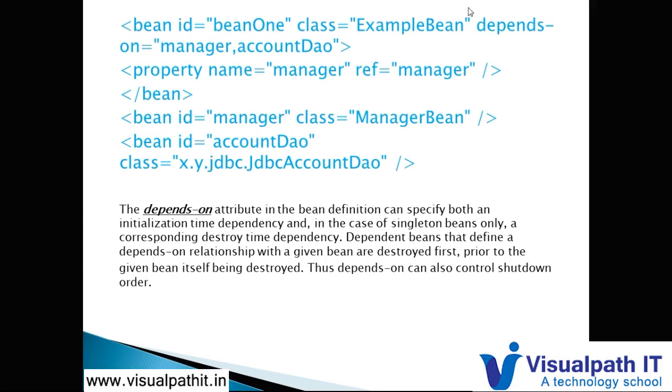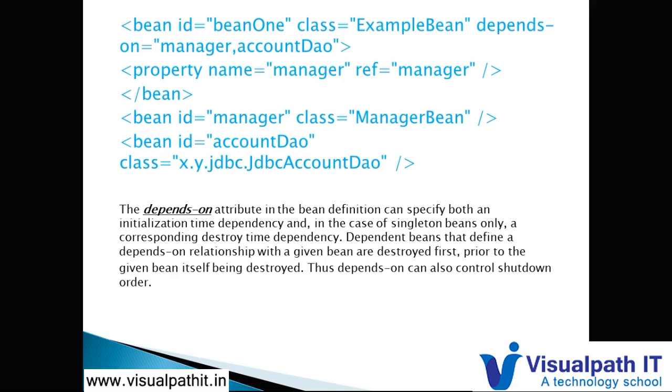This is a bean which is having the property. So these two beans, the manager, whose class is the ManagerBean, and accountDao, it is referring to this class x.y.jdbc.JdbcAccountDao.